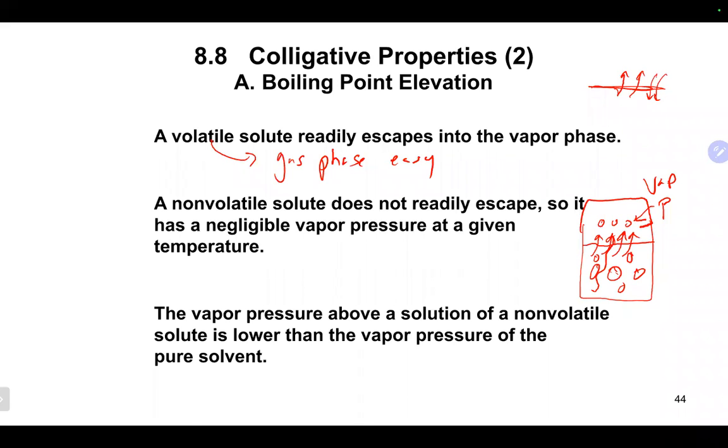Fewer gas molecules means the vapor pressure will come down, because the solute particles are getting in the way of the process that occurs. The effect of this is what is sometimes referred to as vapor pressure lowering. Again, when we dissolve some solute into the solution, we end up with fewer gas molecules above the liquid.